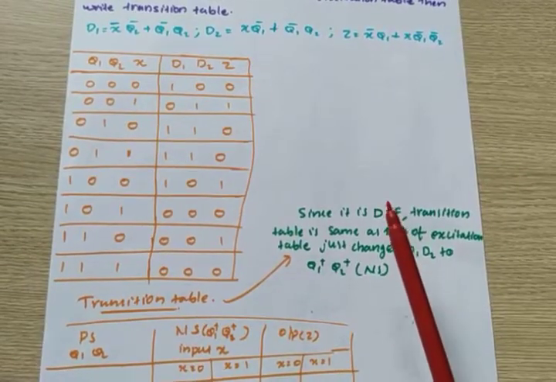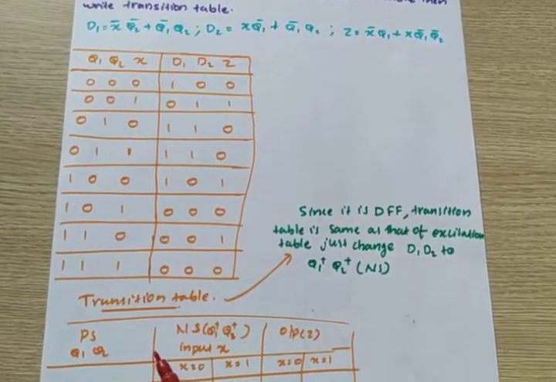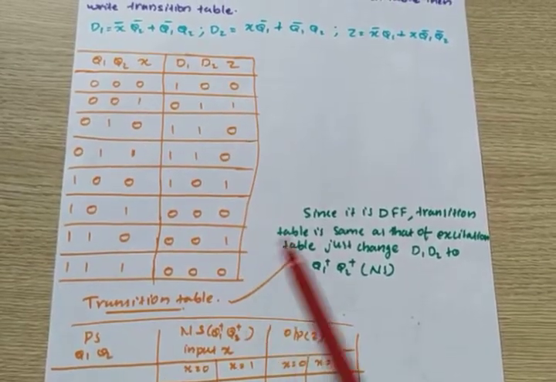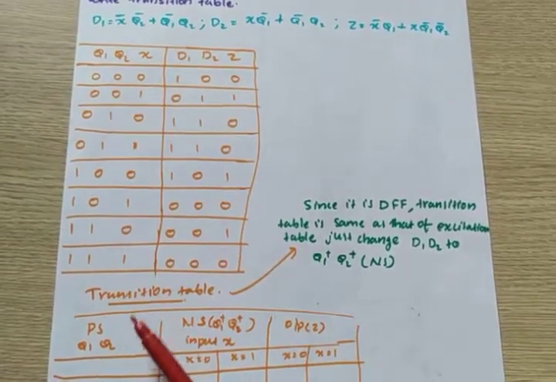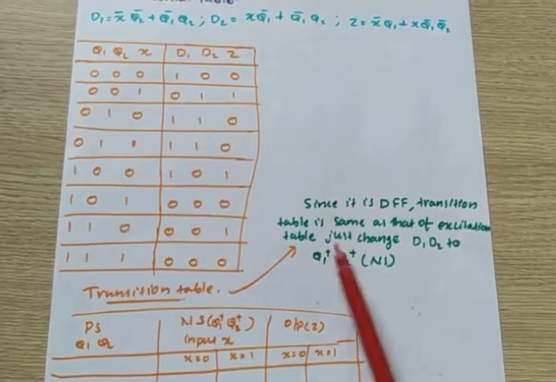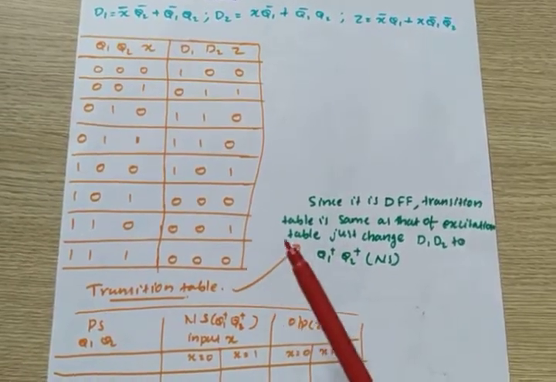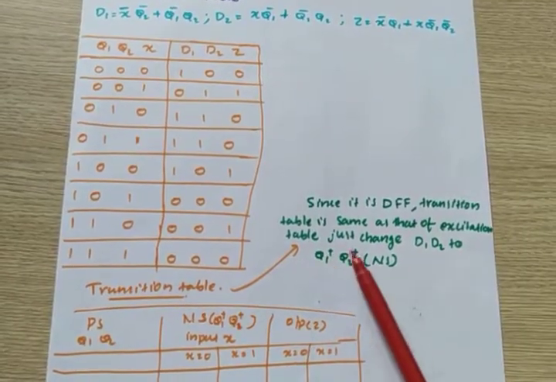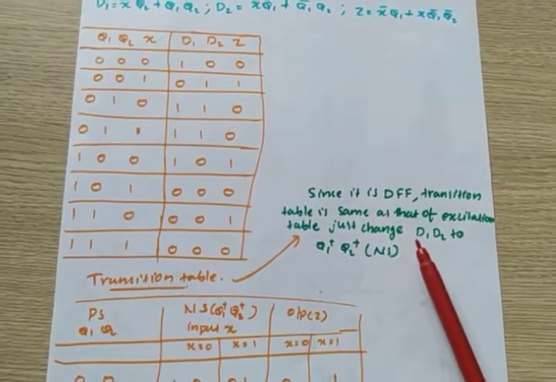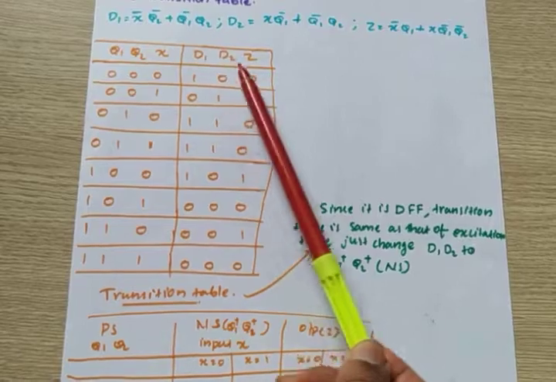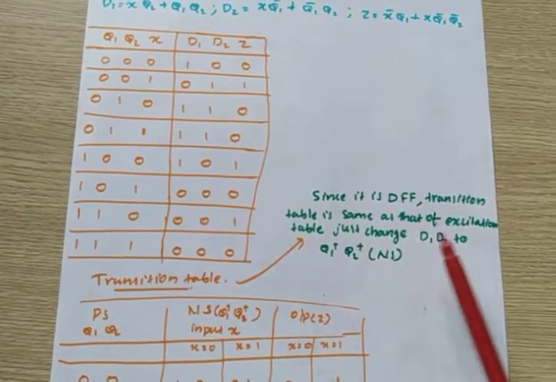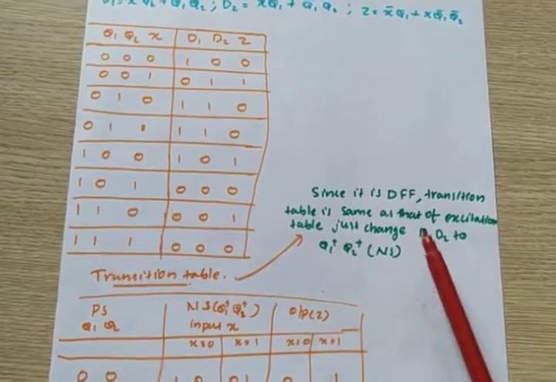Because for a D flip-flop, the excitation expression and the characteristic equation are both the same. Q plus is D, we have seen what the characteristic equation is. Q plus is D only. That means the excitation is nothing but D only. So for a D flip-flop, the transition table is the same as that of the excitation table. What you have to do is just substitute Q1 plus and Q2 plus instead of D1 D2, because the characteristic equation is like that. Excitation is nothing but D only.